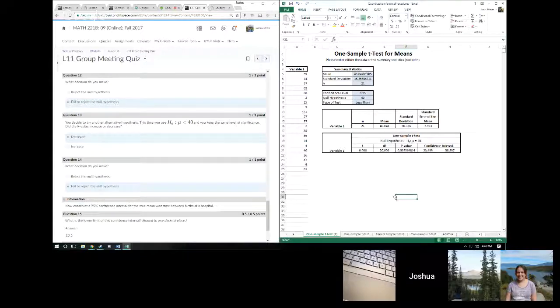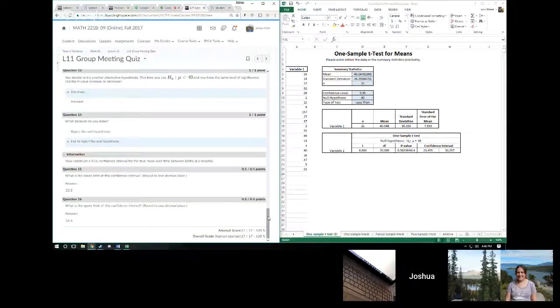Now construct a 95% confidence interval for the true mean wait time between births at a hospital. It already is at 95. Right. On the bottom section on the far right, it'll say confidence intervals, and it's just asking for those values.